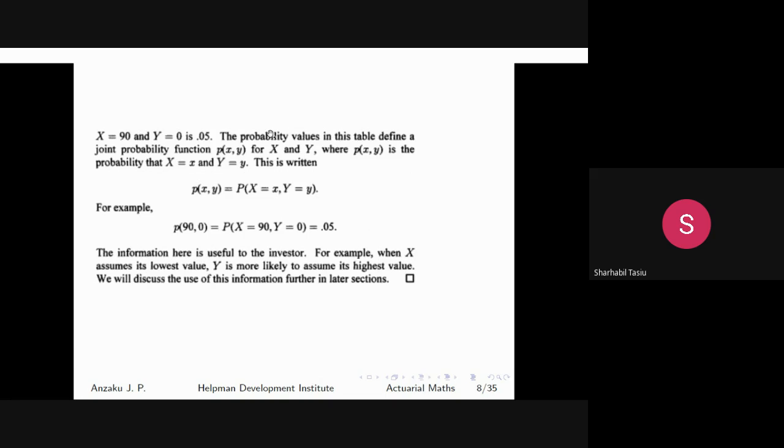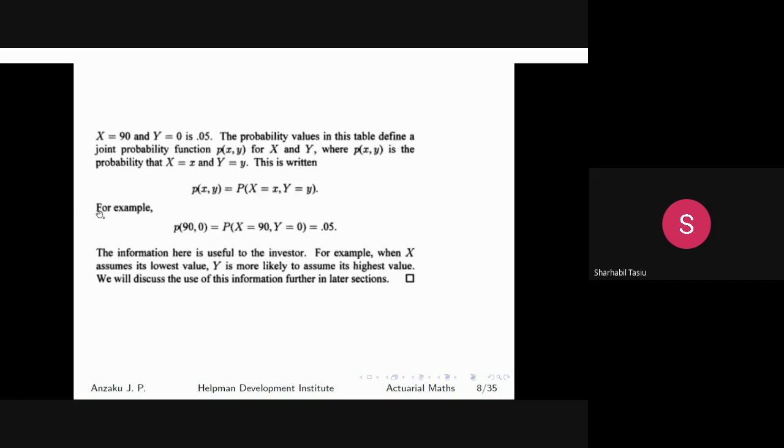The table above defines a joint probability function p(x, y) for the random variables X and Y, where p(x, y) is the probability that X takes on the value x and Y takes on the value y. So we can represent it mathematically as P(x, y) = P(X = x and Y = y).